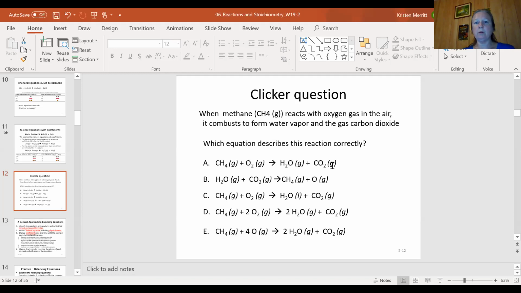This is a liquid water, so it's not that. This is water and carbon dioxide gas. Okay, so A, D, and E have the right reactants. Oh, wait a minute. E is wrong because it's oxygen atom, not oxygen gas. Oxygen gas is O2. So A has the correct reactants and products and physical states.